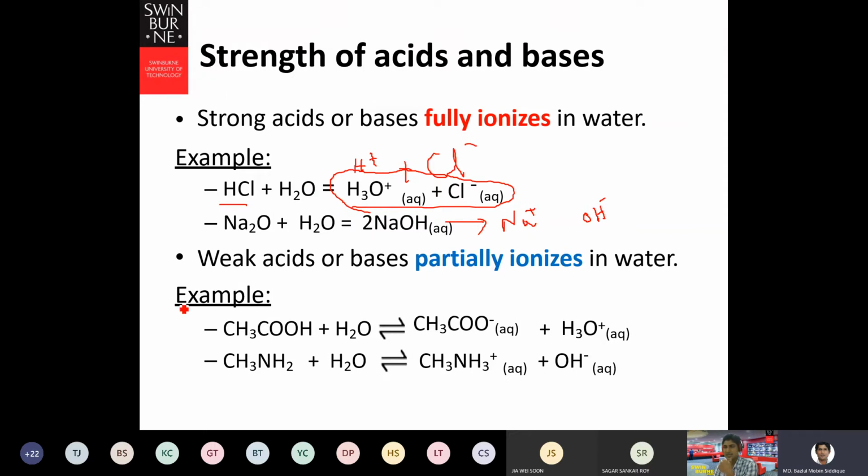Considering those, acetic acid or ethanoic acid, and methylamine are the weak acid and weak base, and only a small amount of them get dissociated in the water. And when they dissociate, they form these types of ions in the water.